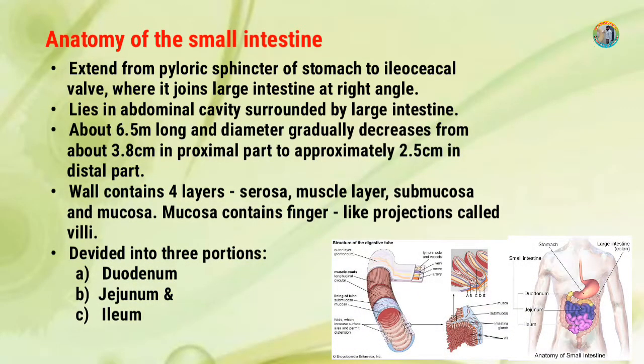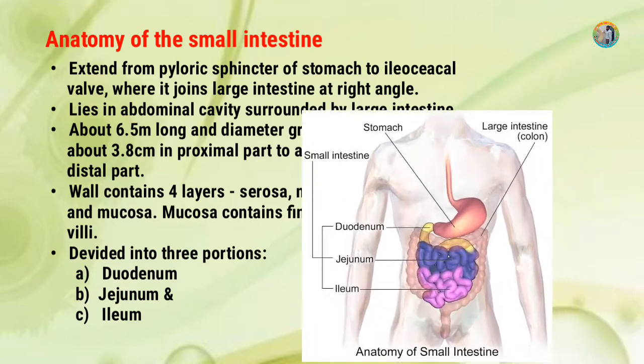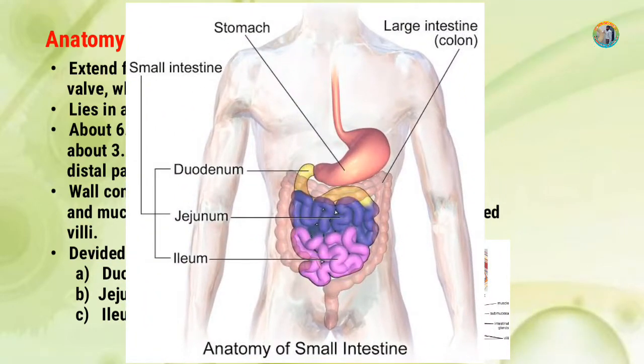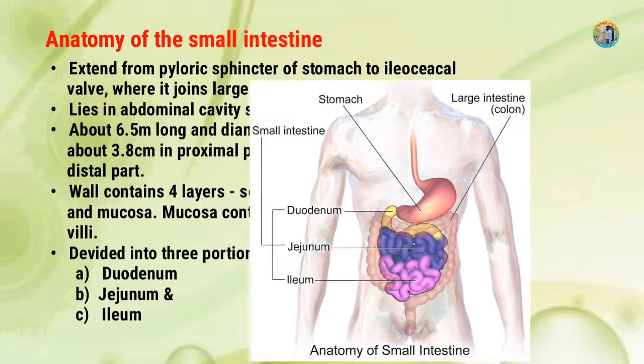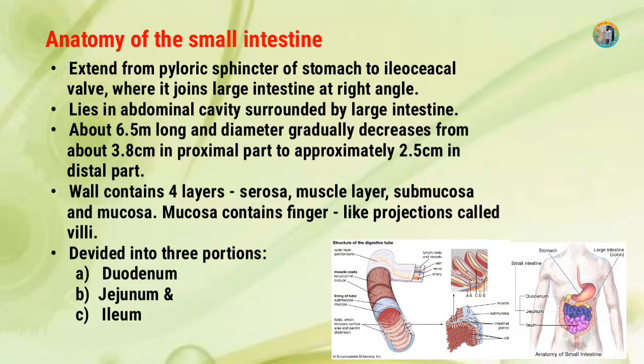Anatomy of the small intestine: it extends from the pyloric sphincter of the stomach to the ileocecal valve, where it joins the large intestine at a right angle. It lies in the abdominal cavity surrounded by the large intestine, is about 6.5 meters long, and its diameter gradually decreases from about 3.8 centimeters in the proximal part to approximately 2.5 centimeters in the distal part.